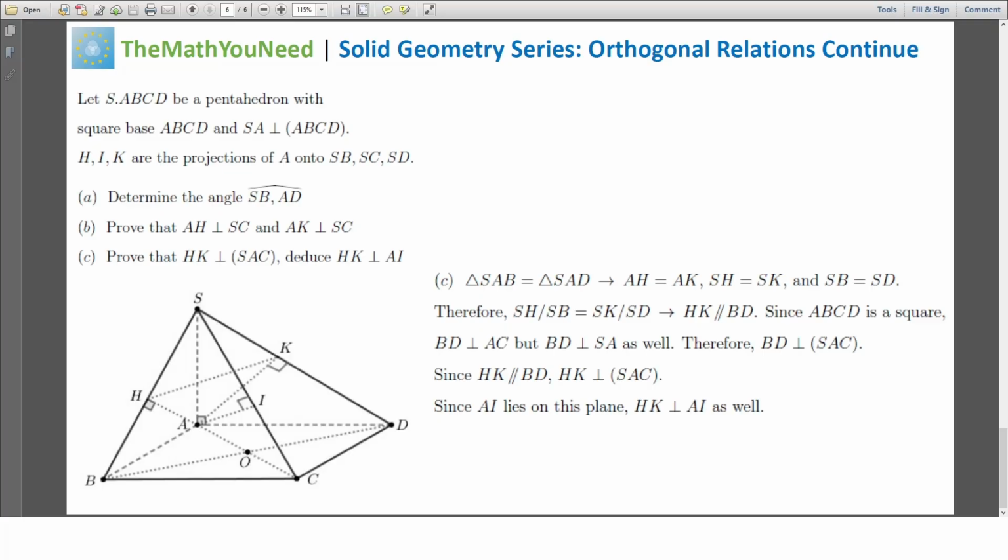But since HK is parallel with BD, we can deduce that HK is perpendicular to plane SAC. But since AI lies on this plane, therefore HK is perpendicular to AI. And that is it for part C.